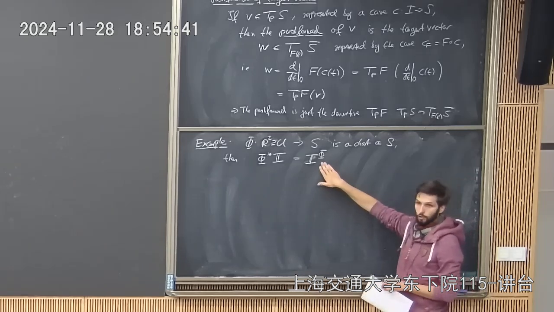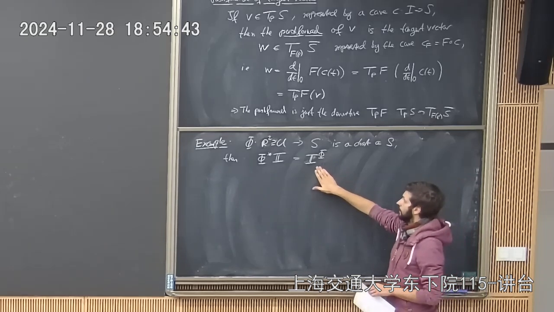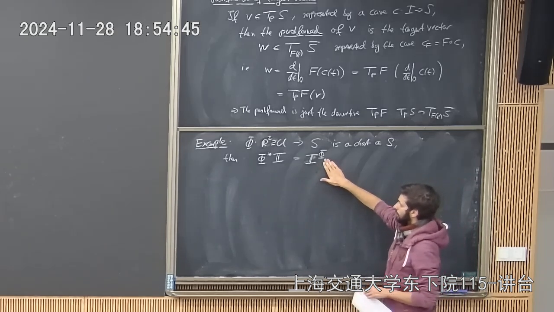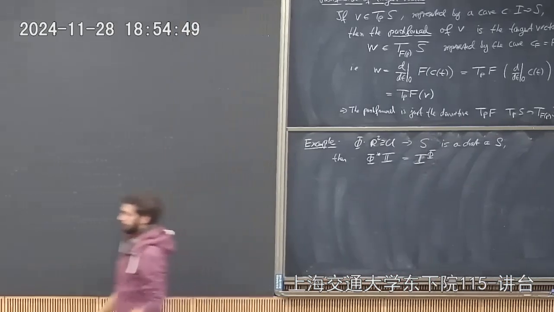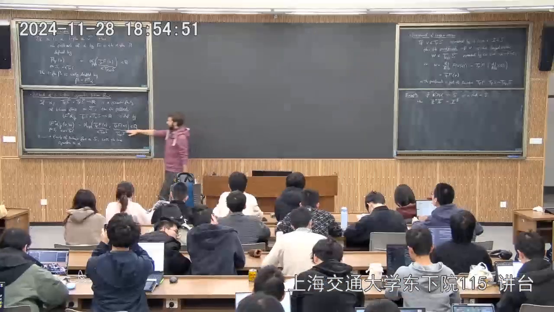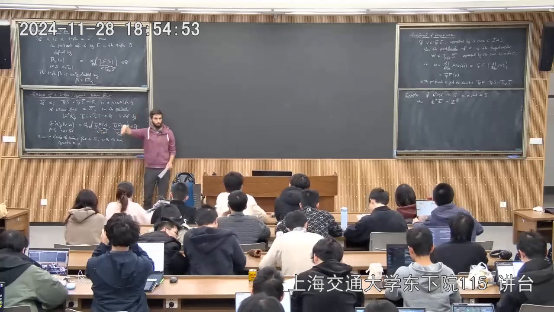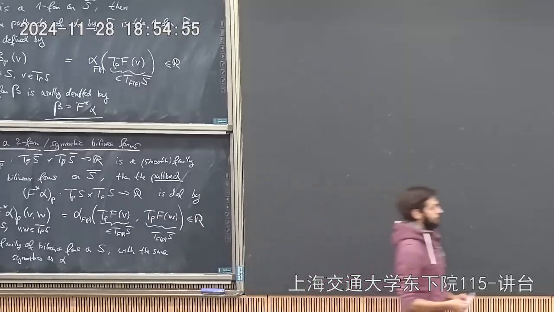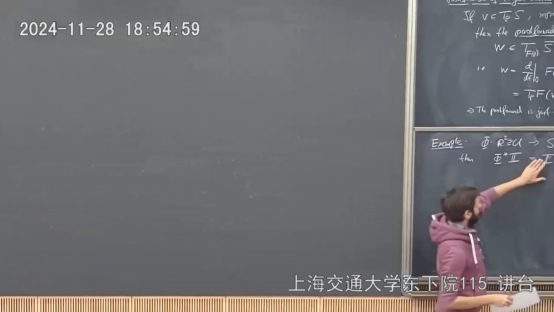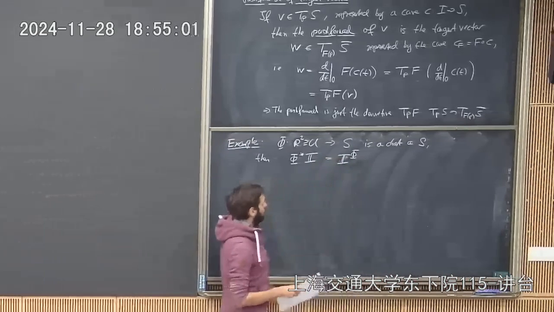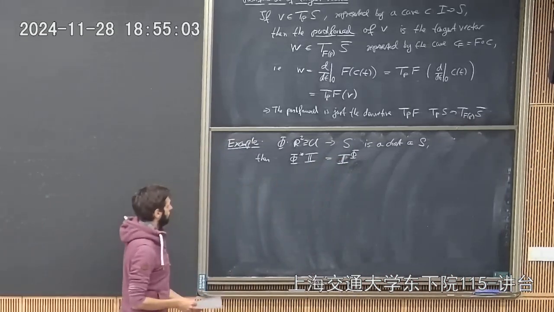So if you look at the formula for how we defined this second fundamental form, that was exactly using the same kind of trick, where we used the chart to push forward the tangent vectors, and then we plugged them into the second fundamental form on S. So that's an example.